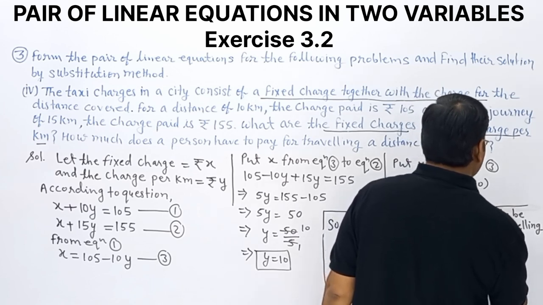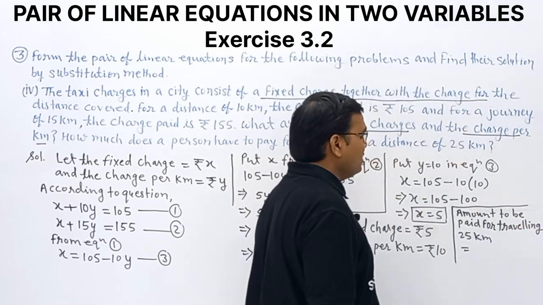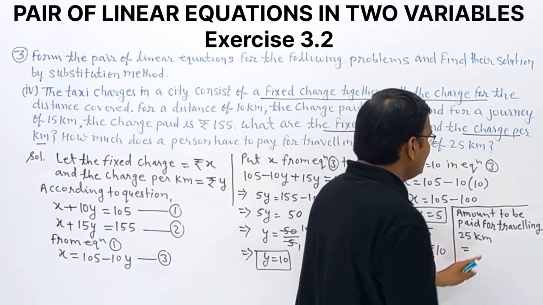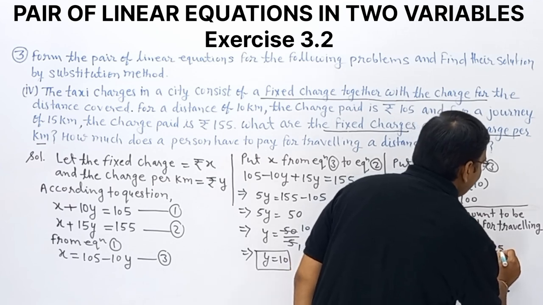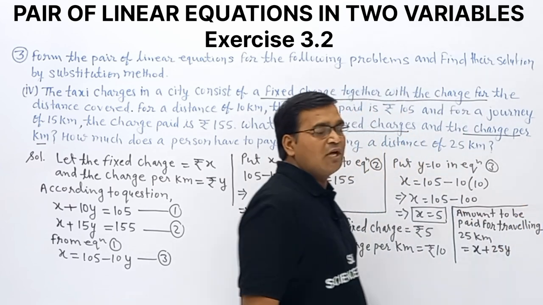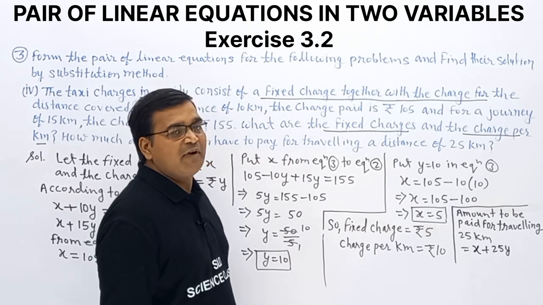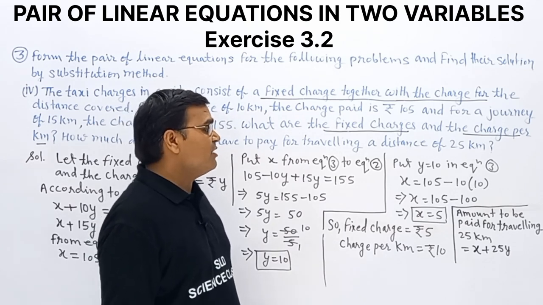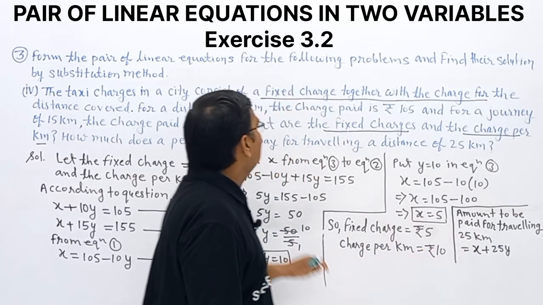Amount to be paid for traveling 25 kilometers: fixed charge plus 25y, where the charge per kilometer is y and we are traveling 25 kilometers. So how will we write the equation?